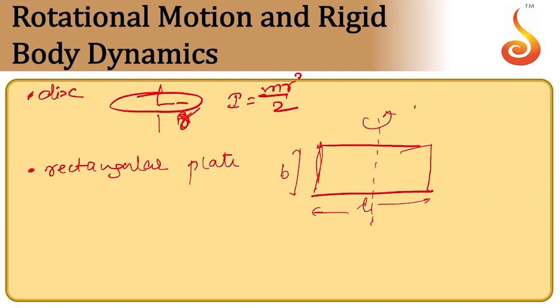Then about this axis, the moment of inertia is ml square divided by 12. If I consider this axis, the moment of inertia is mb square divided by 12. So about an axis in its plane, it is ml square by 12 or mb square divided by 12.